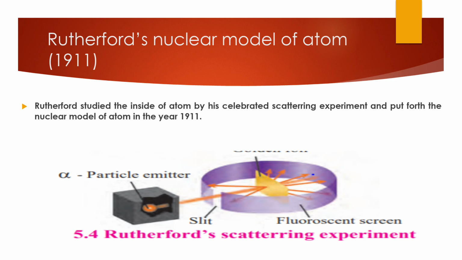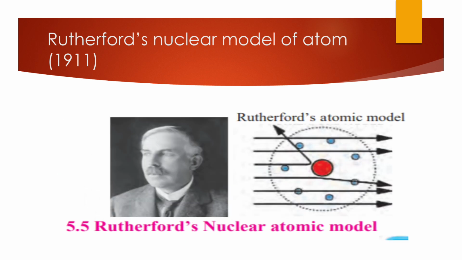You can see that some have passed straight, some have deflected in a smaller angle, some have deflected in a larger angle. So this was the unexpected result from the Rutherford scattering experiment. From this experiment, what he concluded is that the large number of alpha particles that went straight through the foil indicates that there was not at all any obstacle in their path.